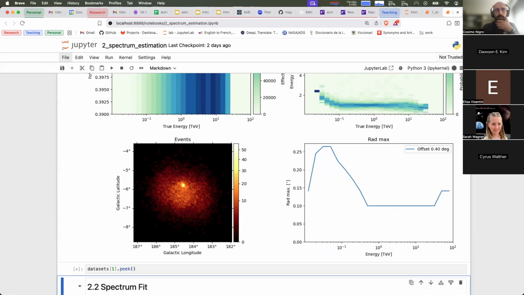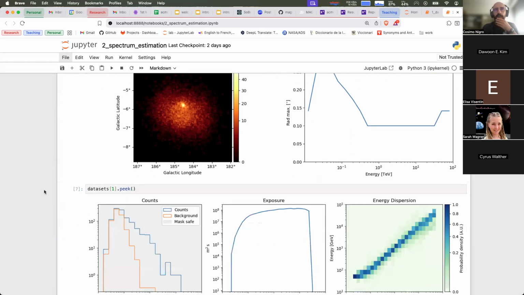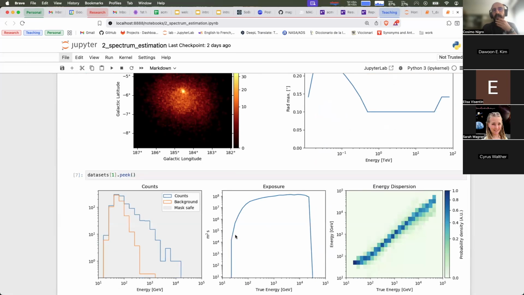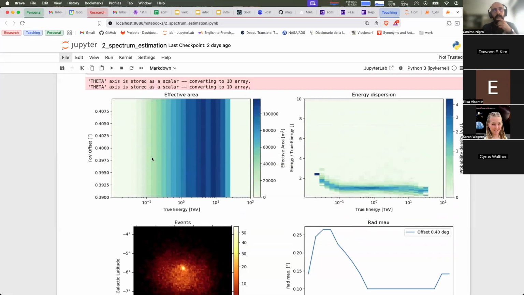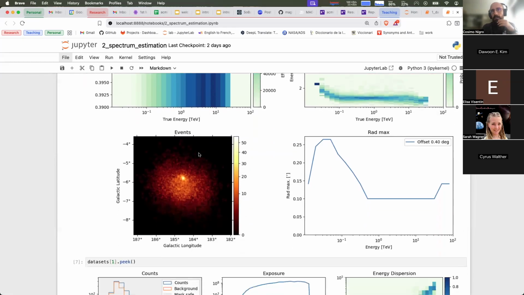When we go to the data set, we see how the data have been reduced. I have the effective area and the energy distribution only at my offset, 0.4, that the data reduction routine computed. My source is sitting at 0.4 offset, so I don't care about the response of the system at the rest of the offsets.